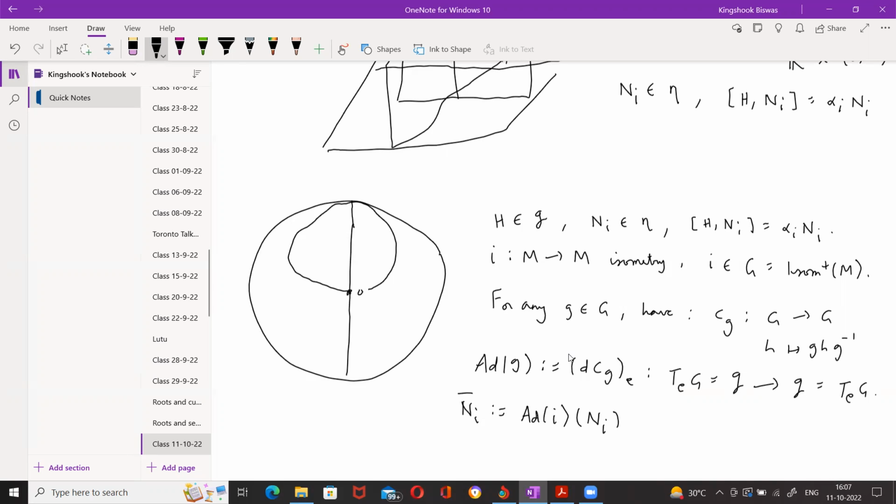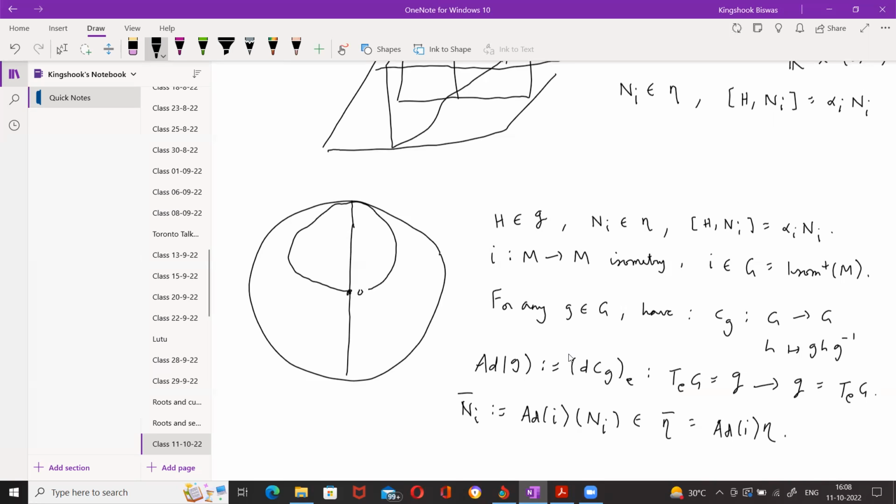So this is just an element of the Lie algebra, and it belongs to N bar, which is Ad I of N.